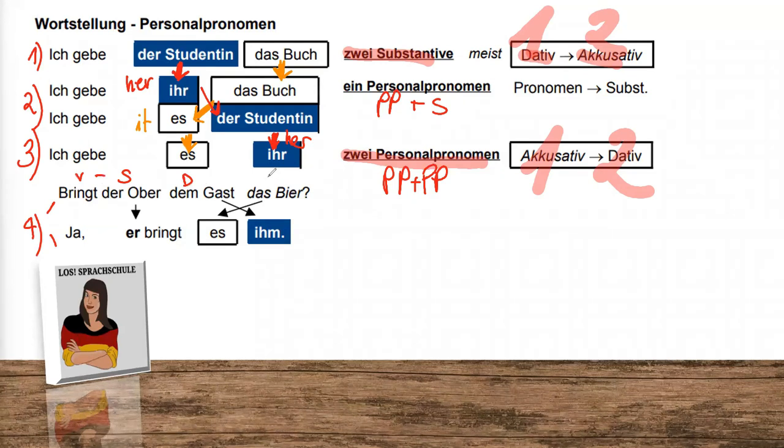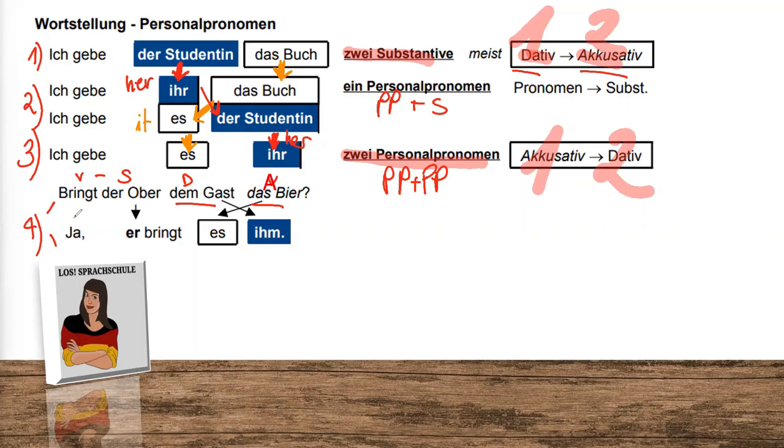And then we have our Accusative. Why? Because der Gast, the guest, das Bier, the beer, is two substantives, two nouns. Therefore, first the dative, then the accusative. Is bringing the waiter, the guest, the beer, if you want to say it word by word.